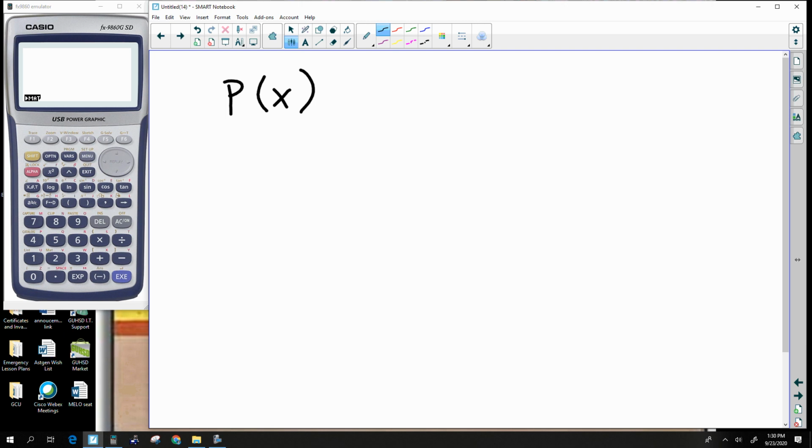A probability of X. And that is the number of them, AKA the frequency of those X's, divided by the sum of all of the frequencies. And so that will get you the probabilities in general of each individual thing.